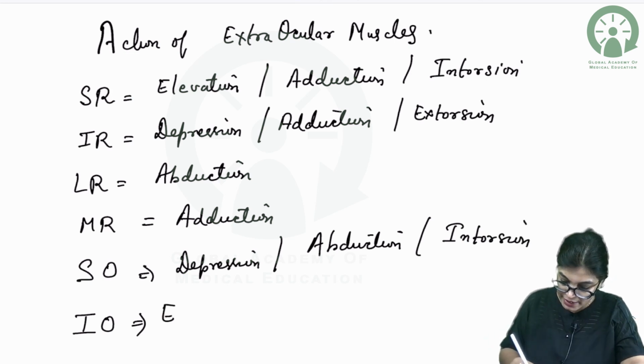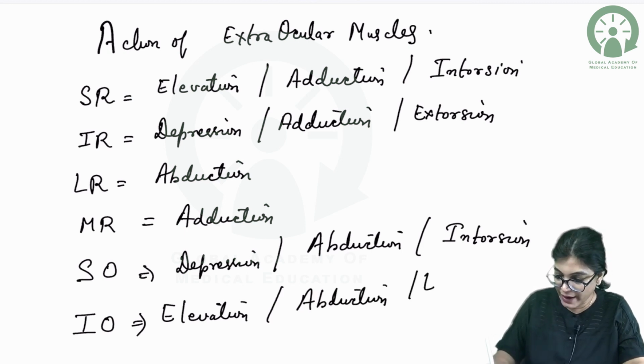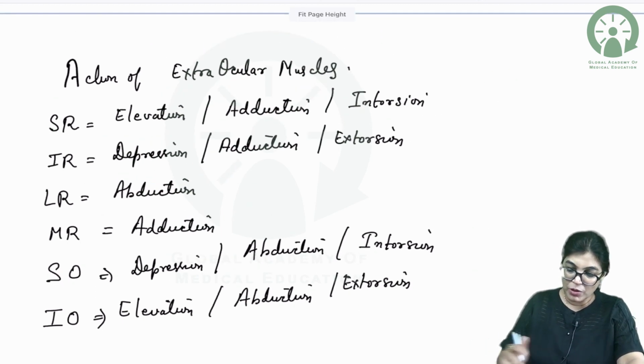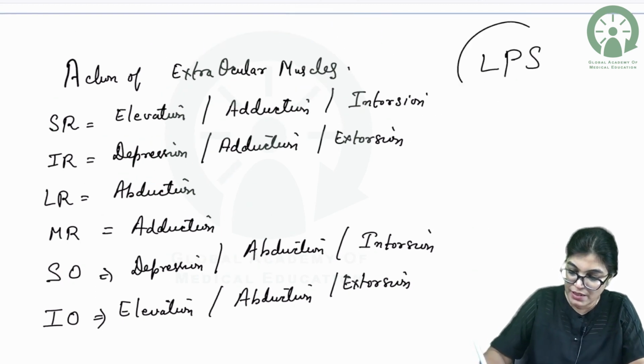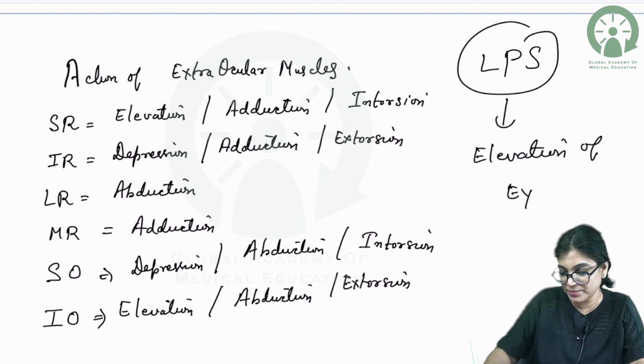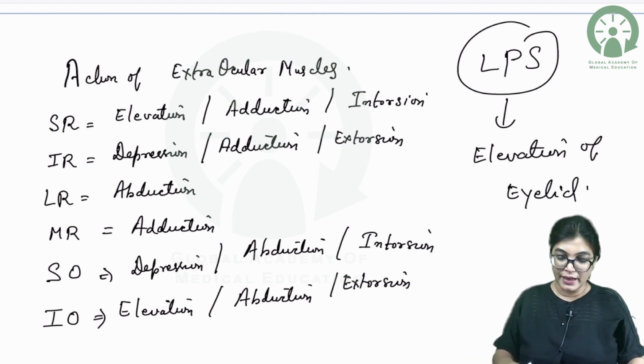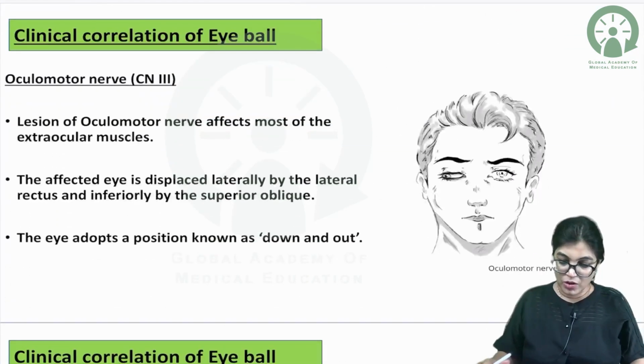Inferior oblique will cause elevation, abduction and extorsion. Now, if I talk about the LPS muscle, the LPS muscle has the action of elevation of the eyelid. Done.